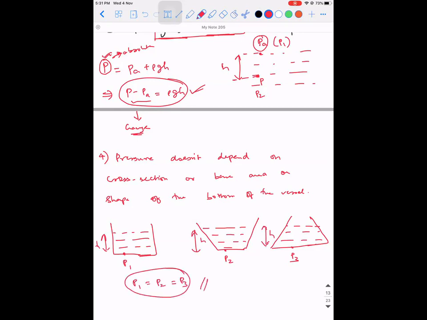So geometrically we are able to see differently the shape of the base is different, but what is happening?